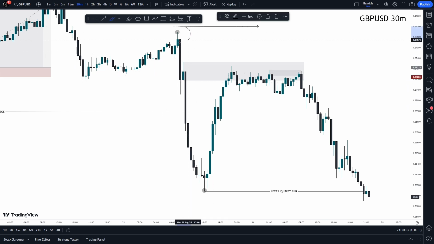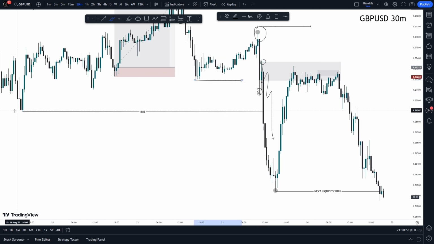As you can clearly see, price made a high, came back down, attempted to break this low, failed, left the wick, which means that the buyer stepped into the market. So the buyer stepped into the market right here and then pushed this price up to this point here, and then failed, with the sellers coming back into the market and taking this market down, successfully breaking this low and this overall low right here as well.